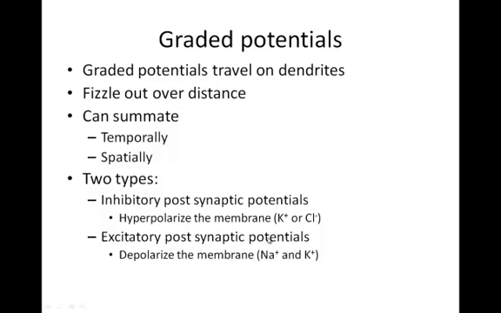Excitatory postsynaptic potentials depolarize the membrane at the dendrite, and hopefully that will help when this wave of electricity gets near the axon hillock. It will excite it to where we create an action potential.